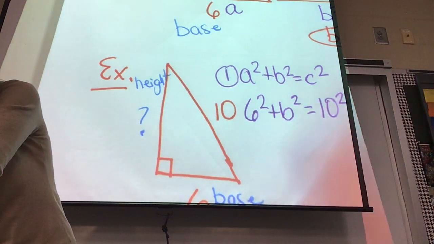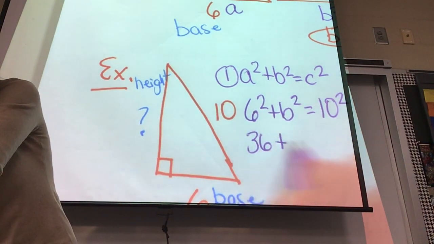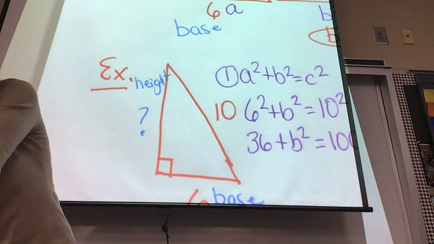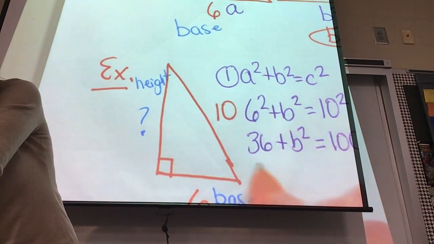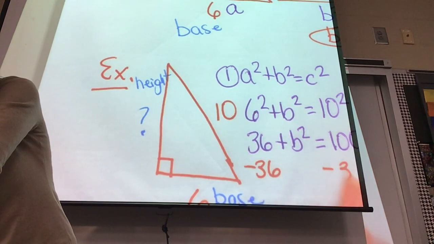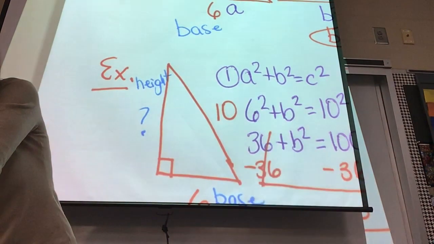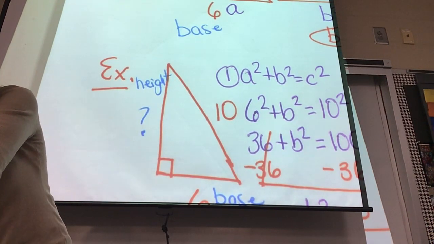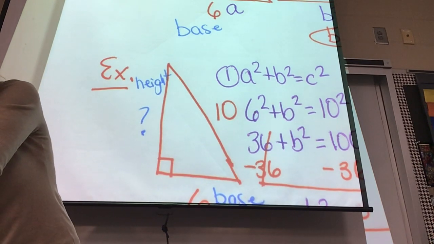So 6 squared we already know is 36, plus b squared equals 100. So now if I subtract 36, I'm going to get b squared equals, what when I subtract? 64.